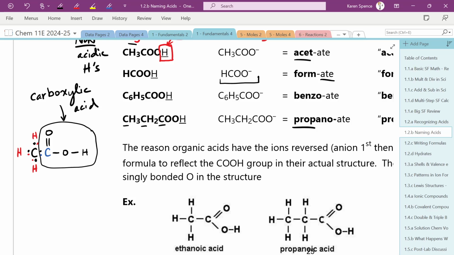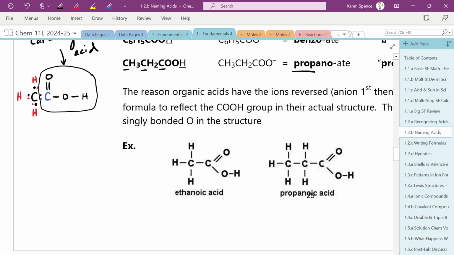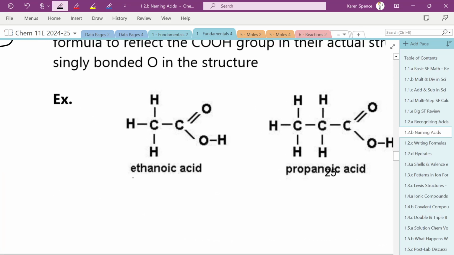Now, do you remember, we got a couple prefixes here. We have eth and prop. Do you remember what eth means? Eth means 2 carbons.